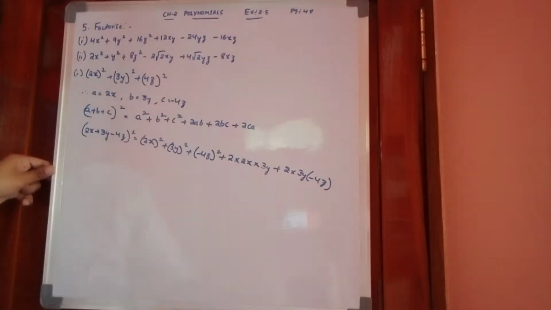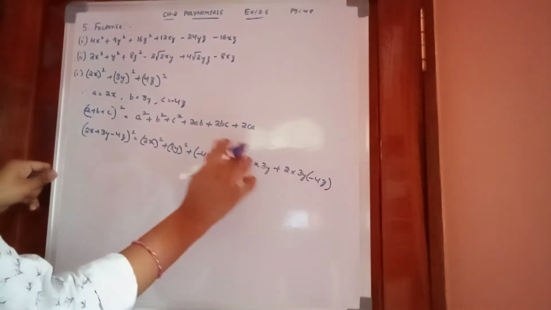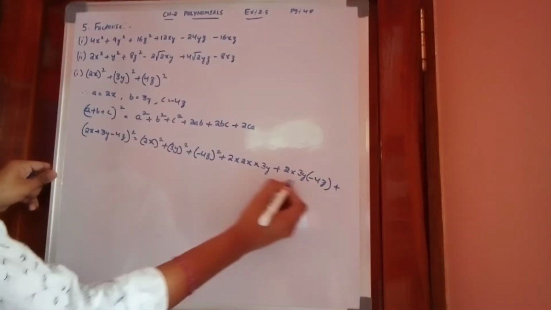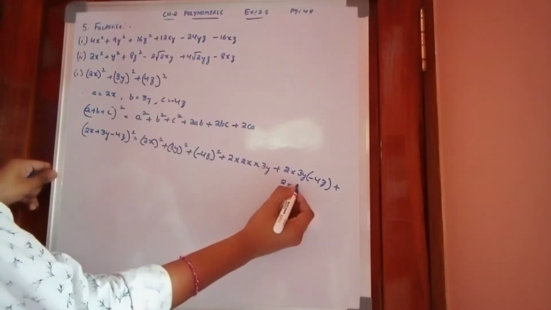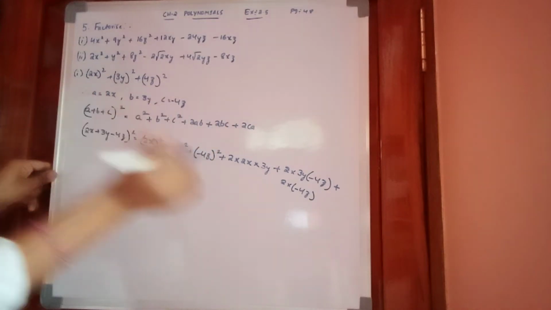Keep this in brackets because it is a minus value. In the previous video I also said that. So now 2ca, plus 2 into c value which is minus 4z, and a value is 2x.